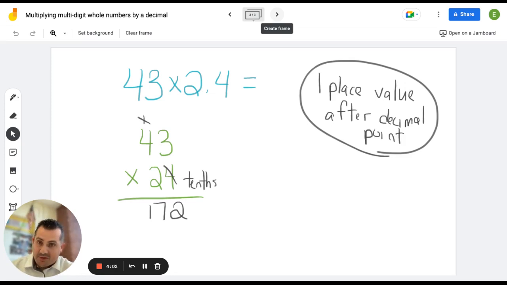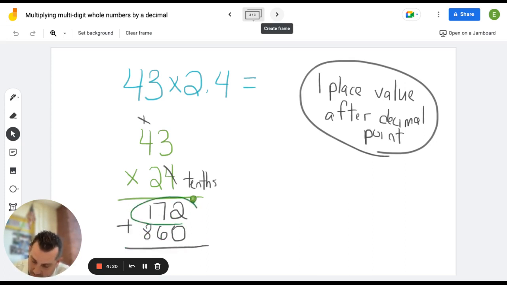Now I'm moving into the tenths place, so I put a placeholder down here. Now 2 times 3 is 6, and 2 times 4 is 8. These are my two partial products, partial product 1 and partial product 2.